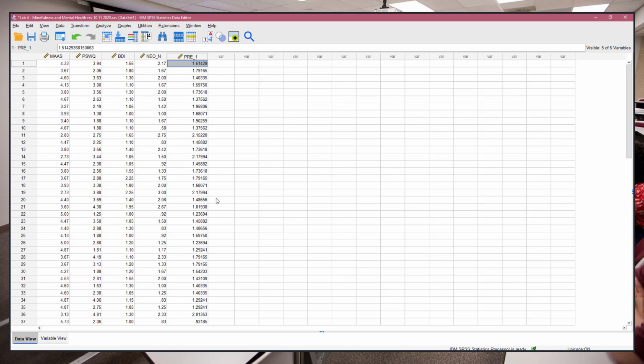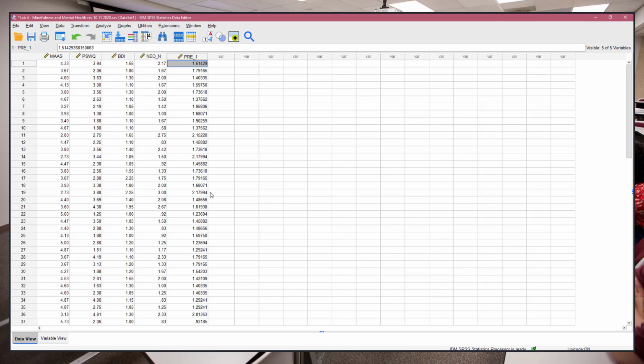So you can tell here that our model predictions are not perfect. They're somewhat off, but it's better than if we did not have information about their mindfulness. If we did not have that information, our best guess of what their neuroticism score would be is simply the mean of neuroticism.